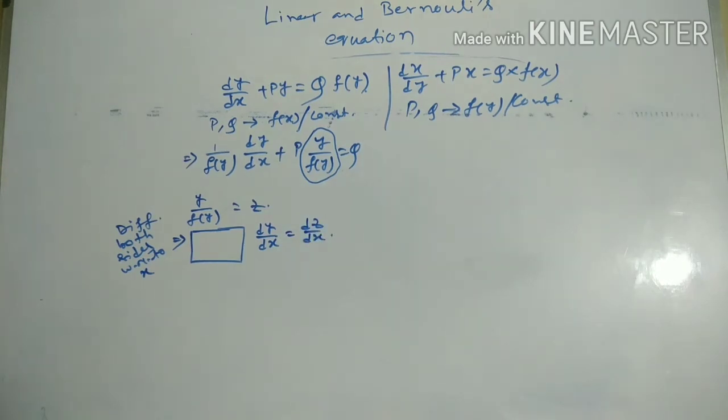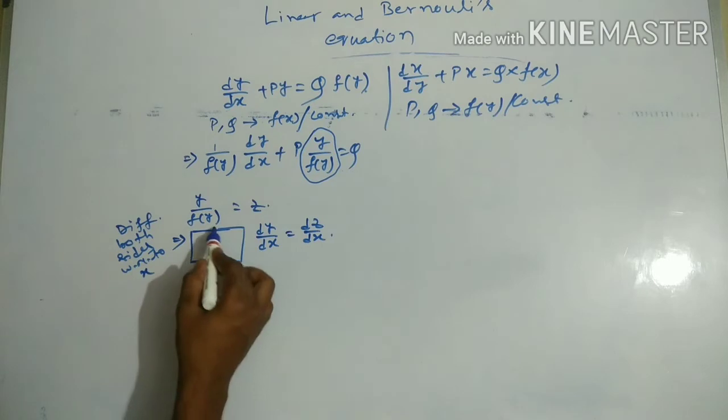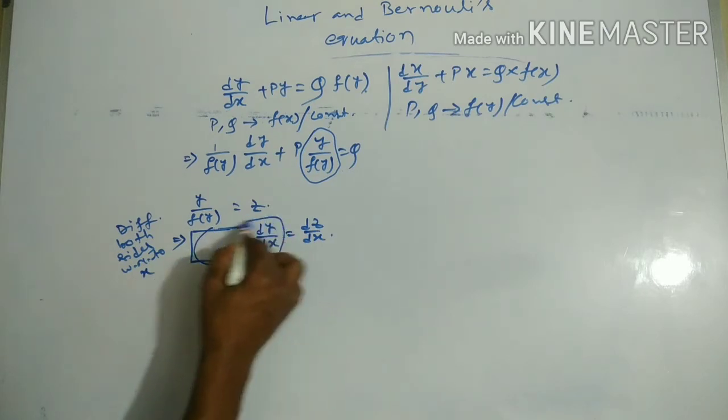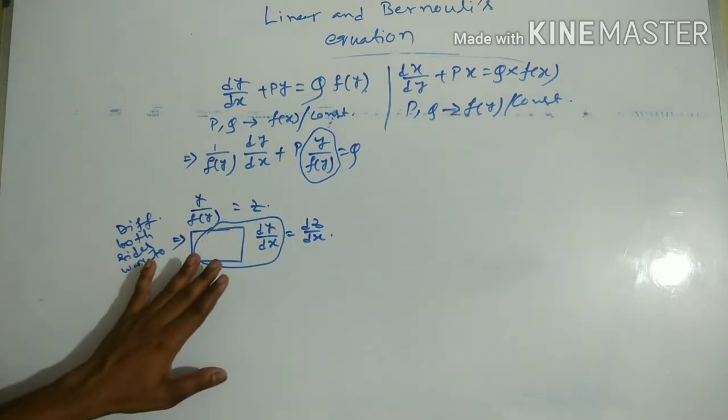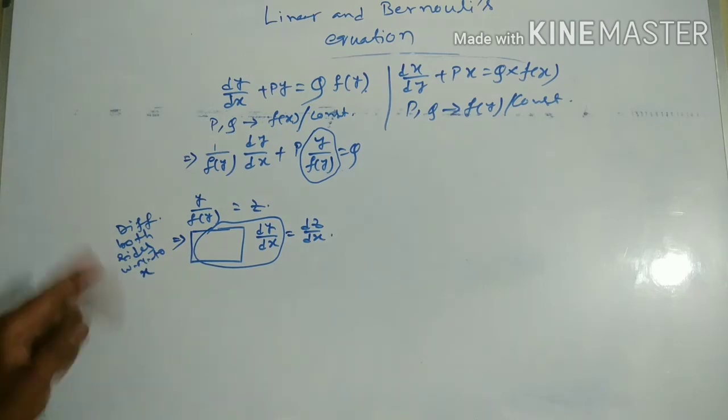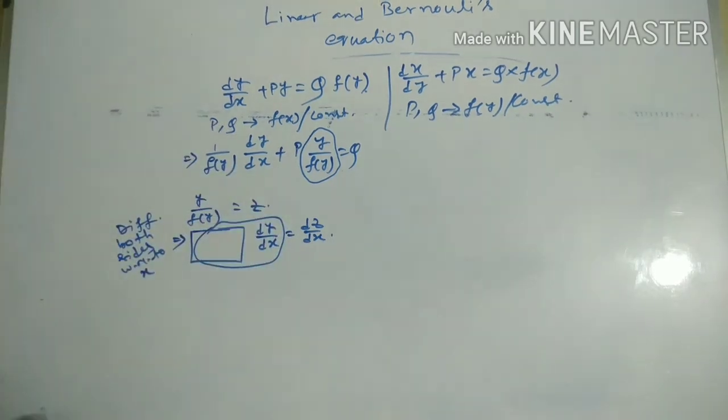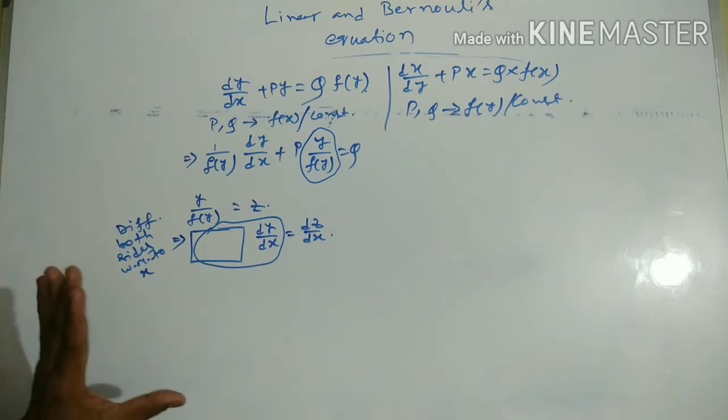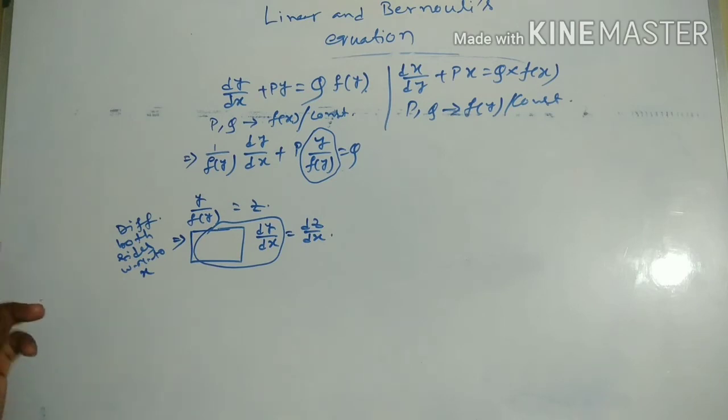After doing this, you will see that this function will be identical with this, so that we can substitute this by dz/dx. It may not be 100% identical, there may be a difference of a constant or sign, but the main function variable part will be the same, so that we can substitute.